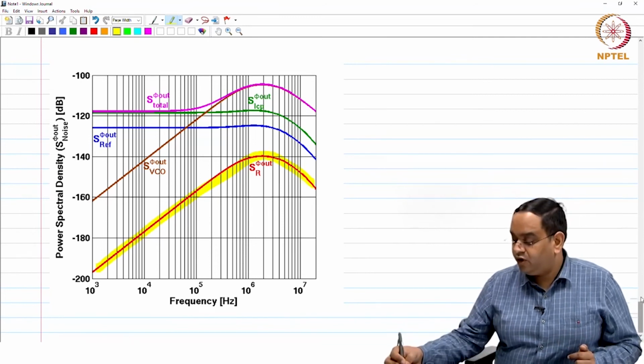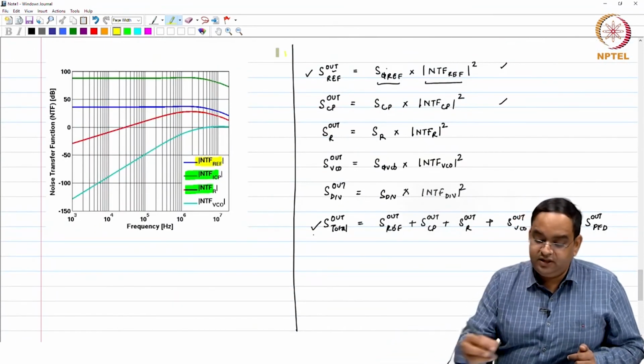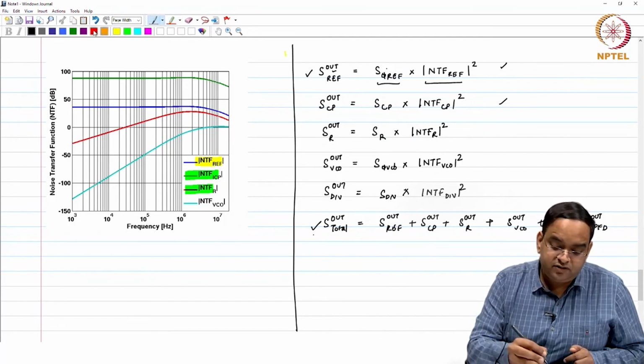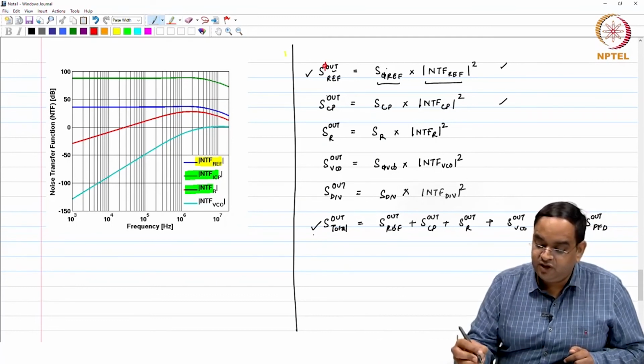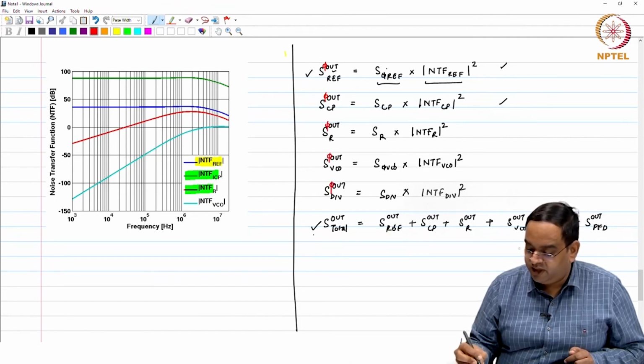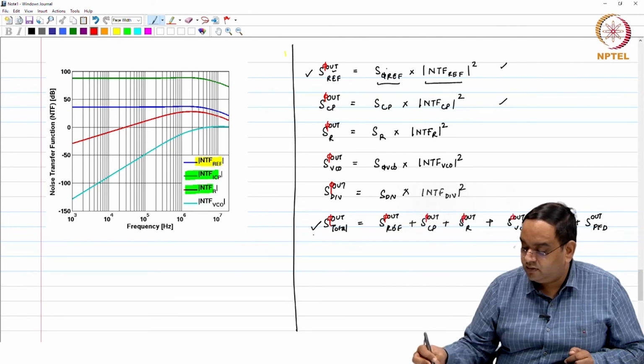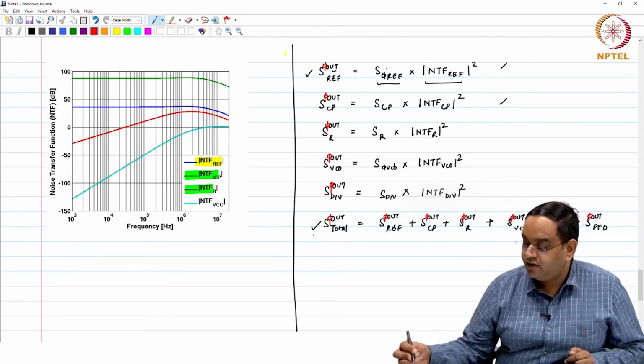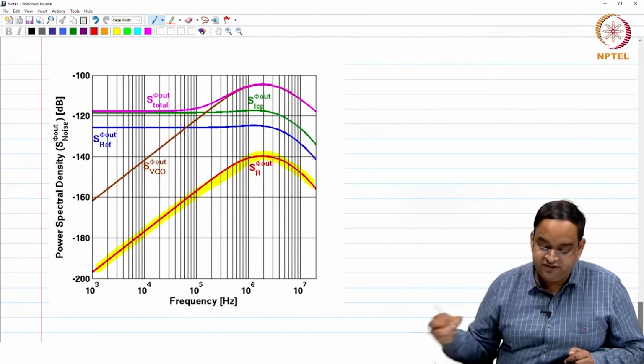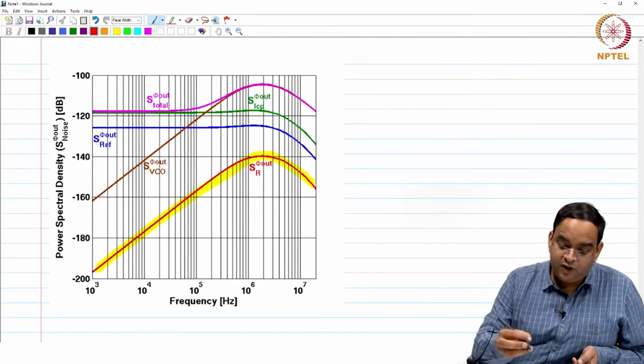I have been writing phi outs here, because our measurement is in the phase domain. That does not make any difference here. So, this is your output noise.